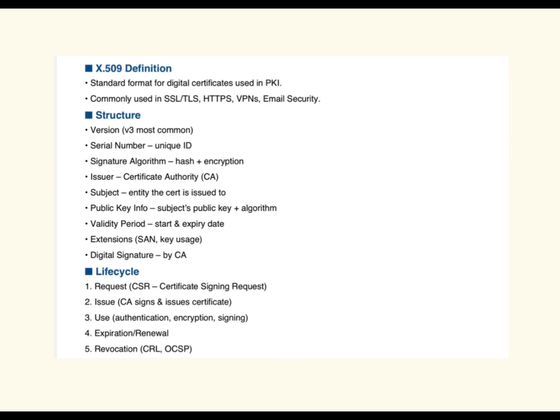If the root CA is compromised, the entire trust chain breaks. An intermediate certificate is issued by the root CA and used to sign end-entity certificates. It creates a chain of trust and adds security, since the root CA is rarely exposed.